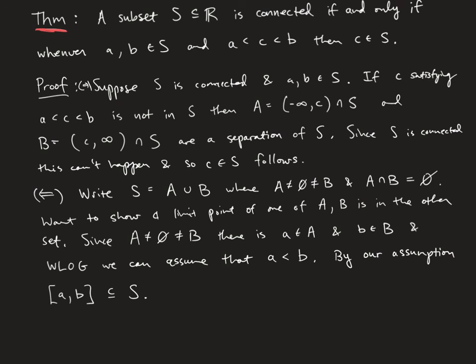So we'll take this decomposition of S into A union B, and we'll just look at it in the interval from little a to little b. So write the interval ab as, so we'll look at everything that's in ab that's in the big set A, and we'll look at everything in the interval which is in B. And of course, since A and B exhaust this set S and our interval is contained in S, this is a decomposition.